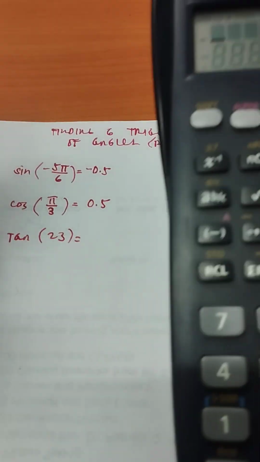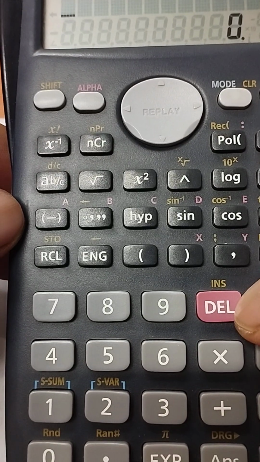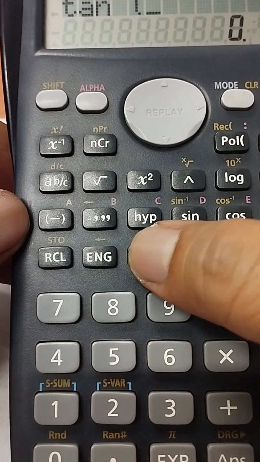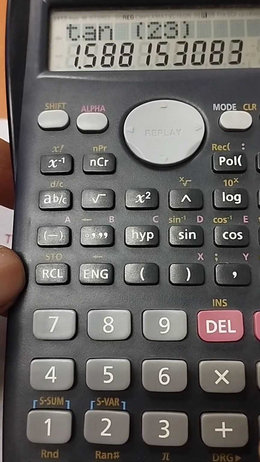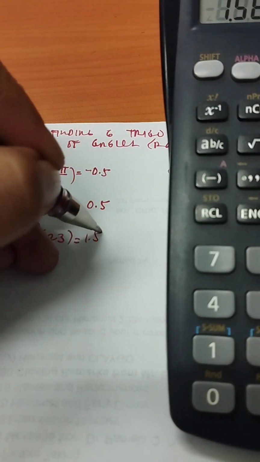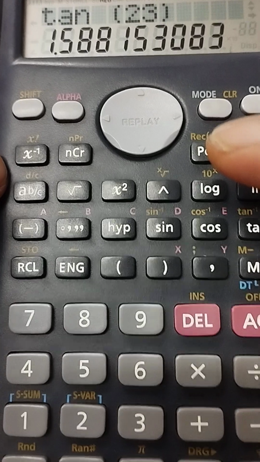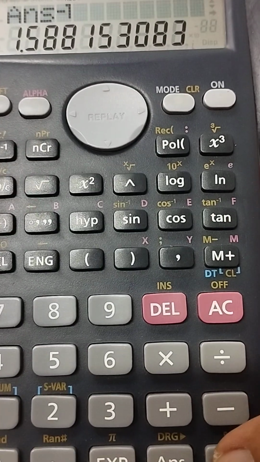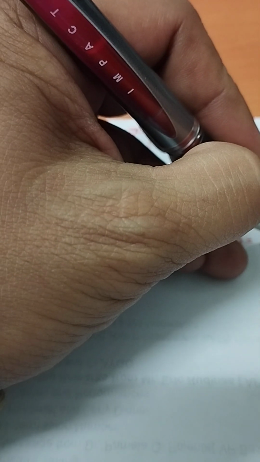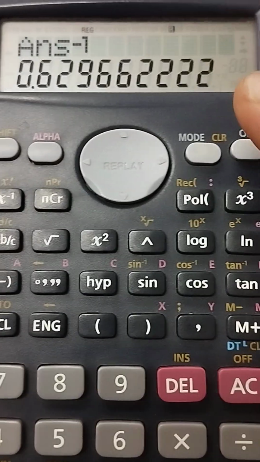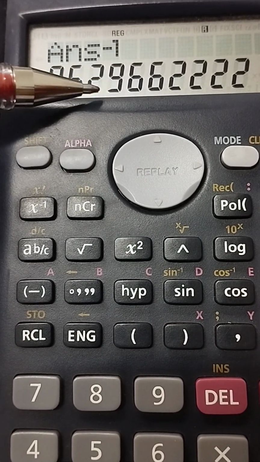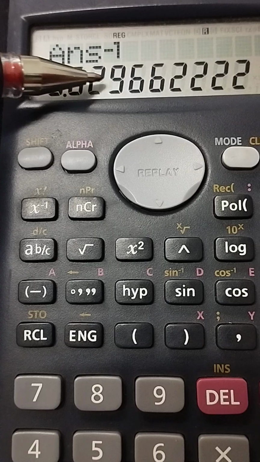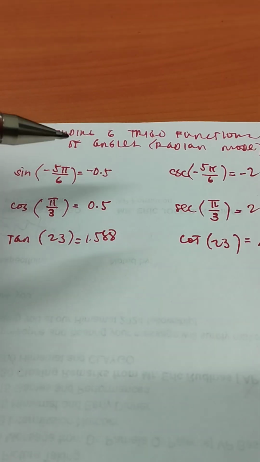So clearly, you just have to solve for the tangent of 23 by pressing tangent, open, 2, 3, close, then press the equal sign. So that's now 1.588, in which the reciprocal of that number gives you 0.629 or 0.630. Since we have to round this off, this will naturally be increased to 1, and so this moves up to 1. So 0.630 for our cotangent.